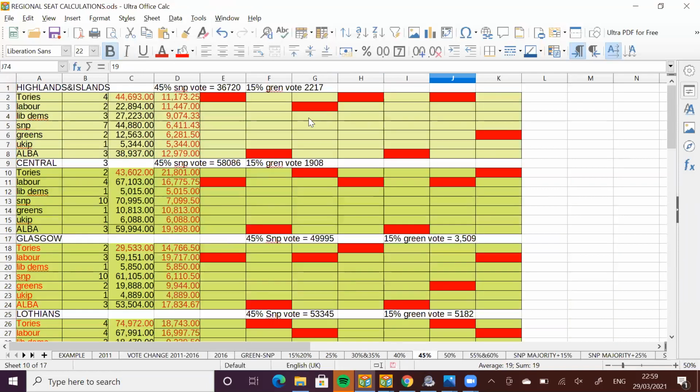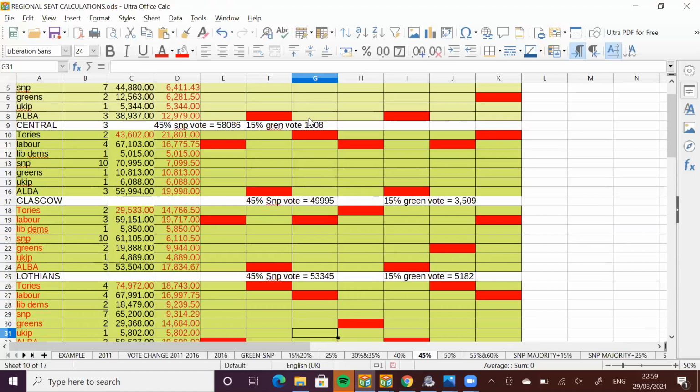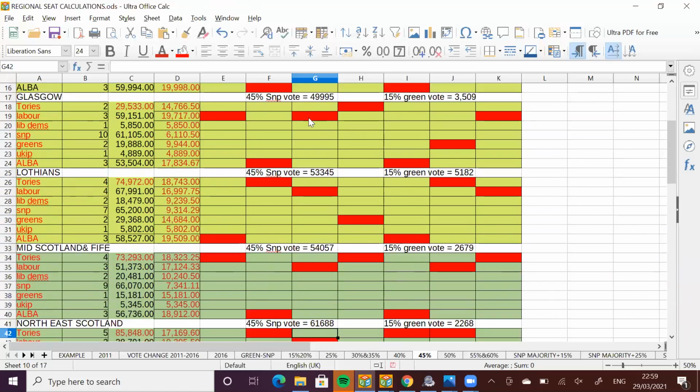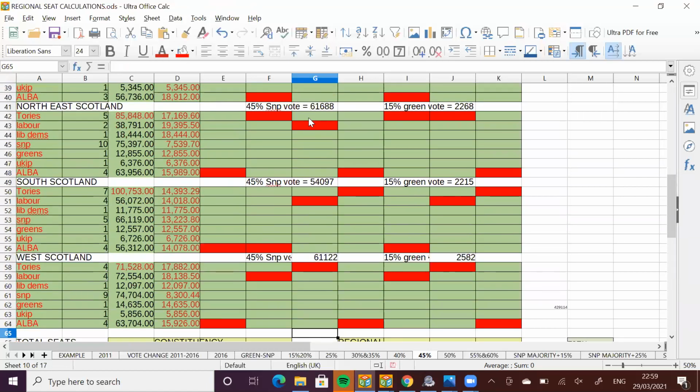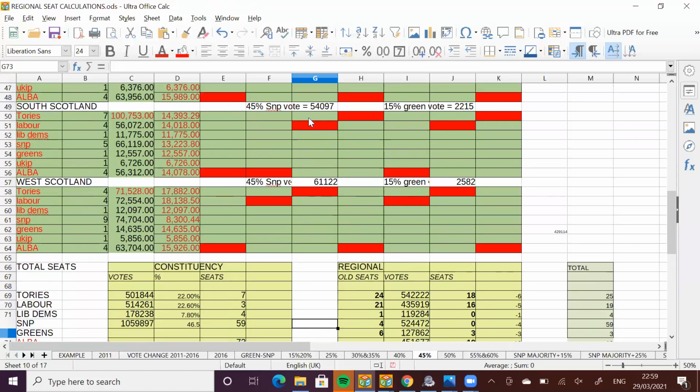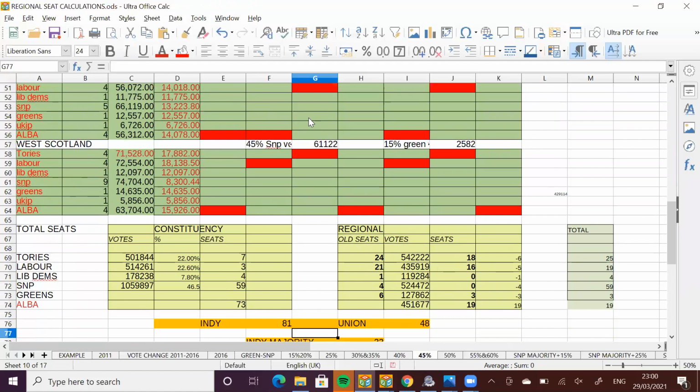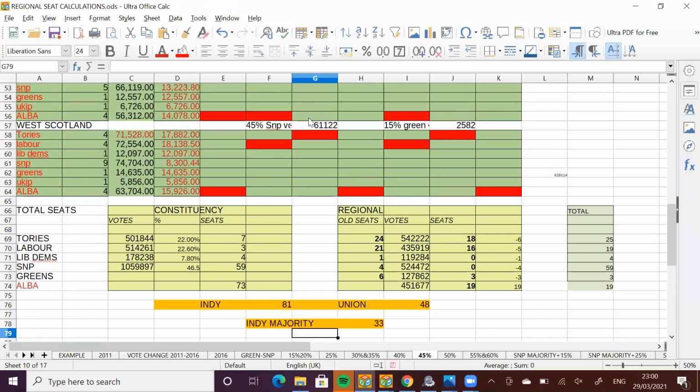At 45%, Alba would get 19 MSPs, bringing the Indie majority to 33.